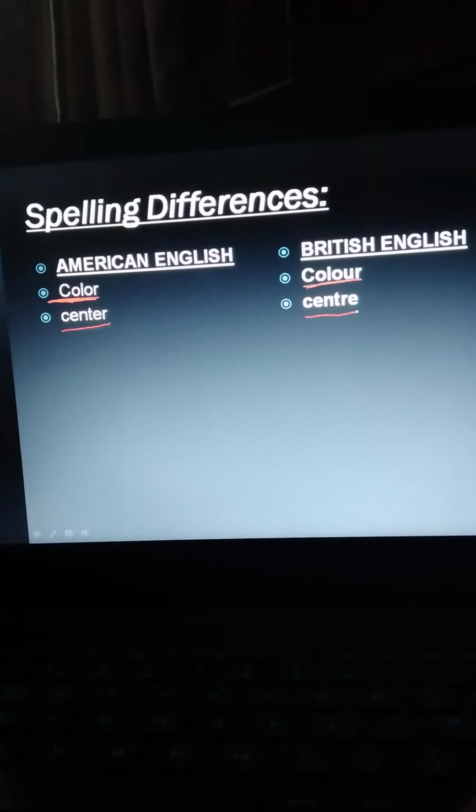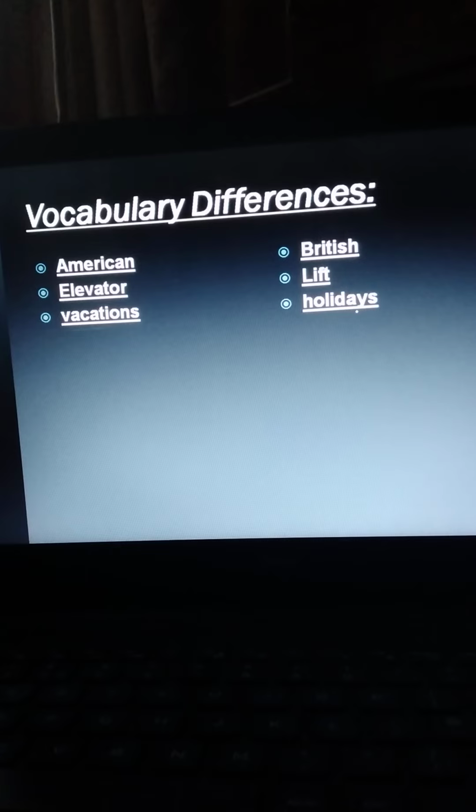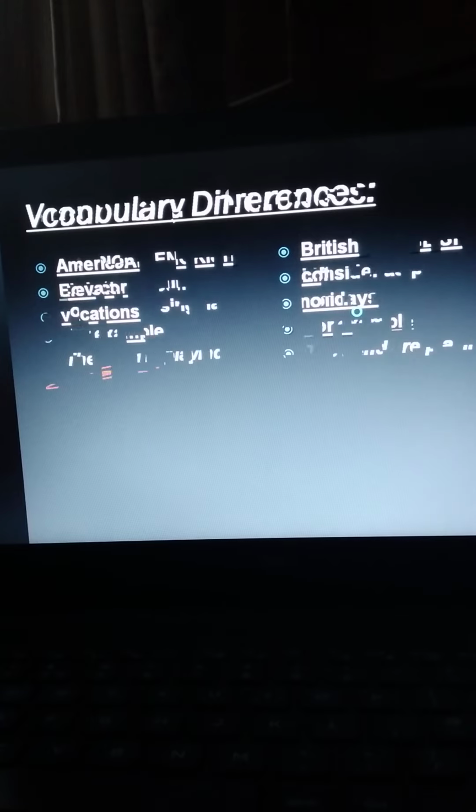Both words are written differently, so they are also pronounced differently. Now come to the vocabulary differences. Vocabulary is also different in both forms of English. Look at elevator and lift, vacations and holidays.